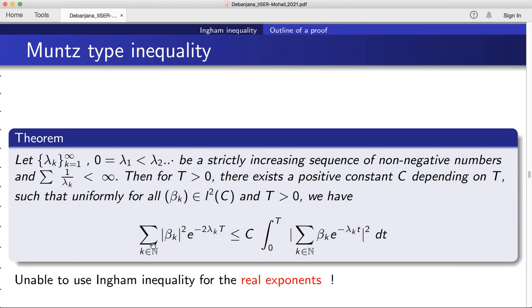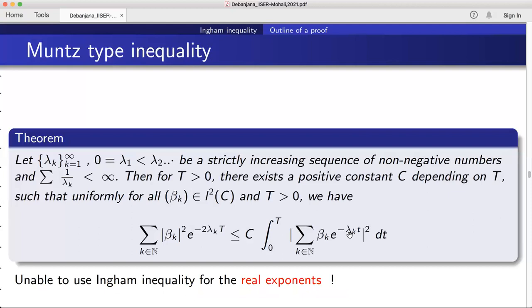But consider the case when the exponentials are of the form e to the power minus lambda_k t, that is, omega_k is purely imaginary, say i times lambda_k, and then the exponential looks like e to the power minus lambda_k t. This case also doesn't fall under Ingham's inequality, whatever assumption we just stated.